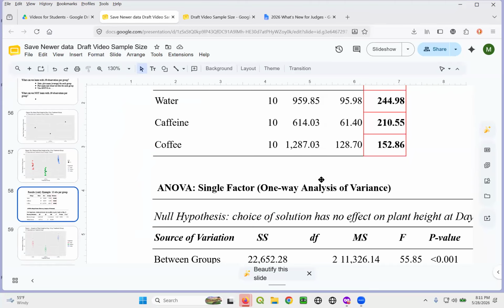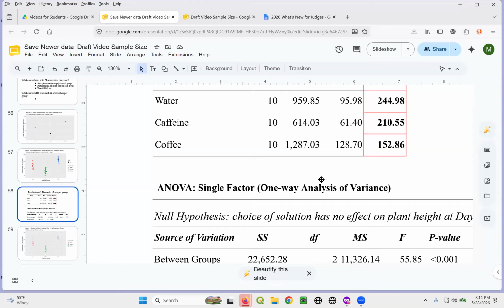So going from 5 to 10 doesn't apparently change the p-value. Well, I mean, it goes from vanishingly small to smaller. Look at how the F statistic changes.